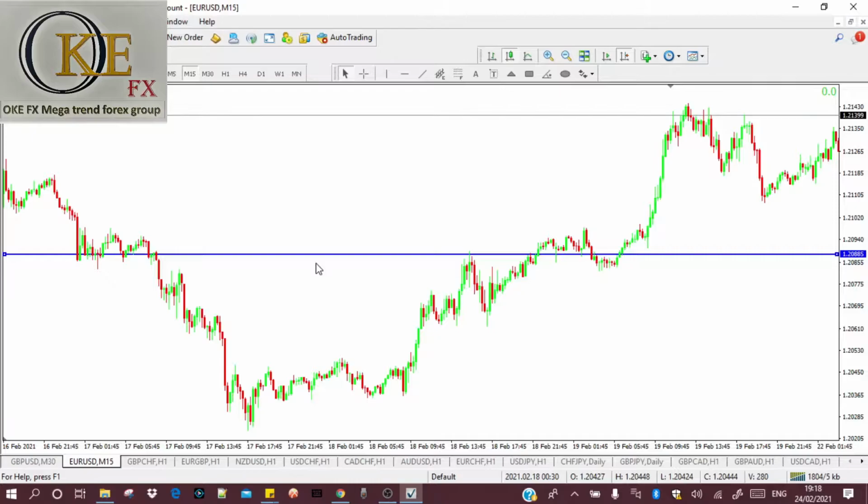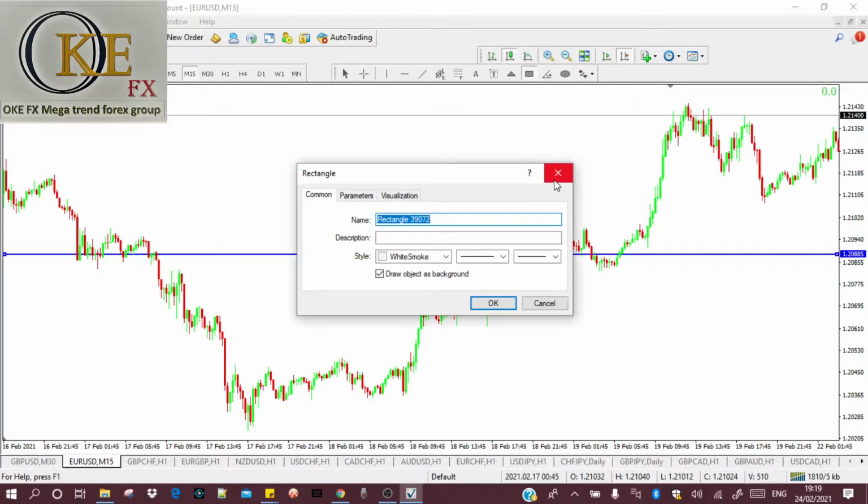Are you seeing this? From history you can notice that this was a former support turned into a resistance in this place. Let me use the rectangle tool to mark it up for you.